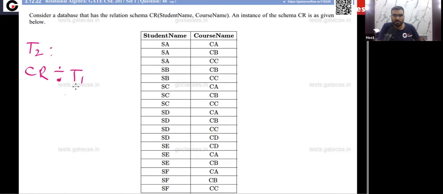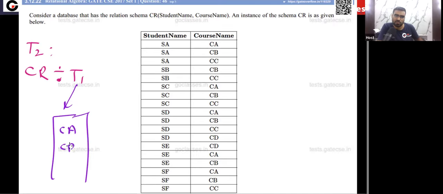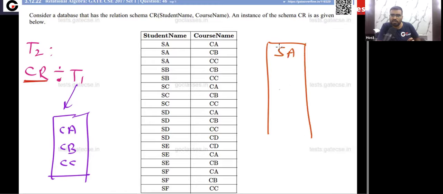Because this T1 has CA, CB, CC. So which students have taken CA, CB, CC in this table? You can see, yes, SA. Definitely SA will come. In T2, you have SN.